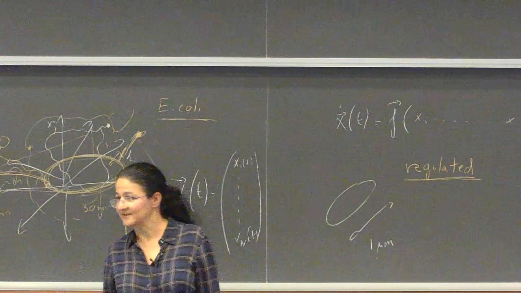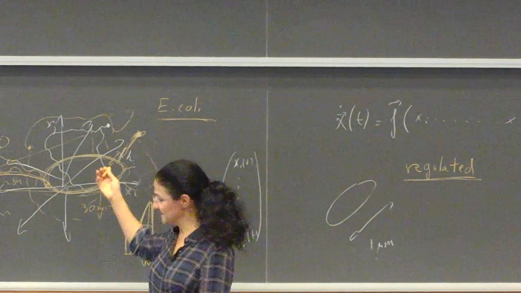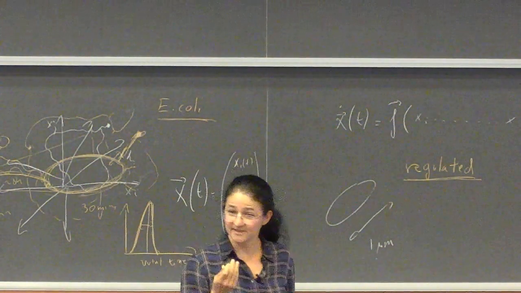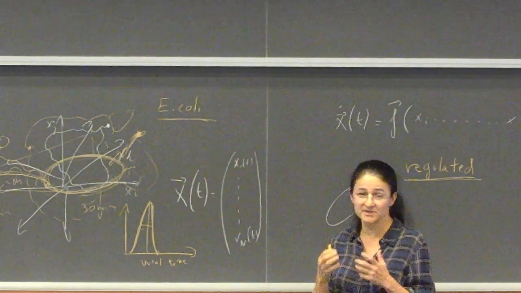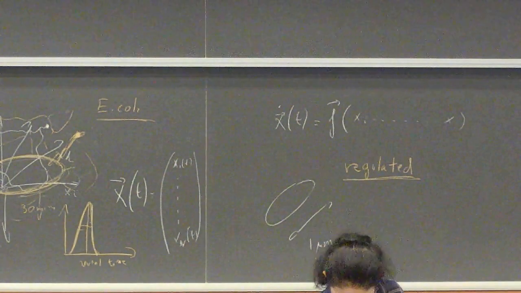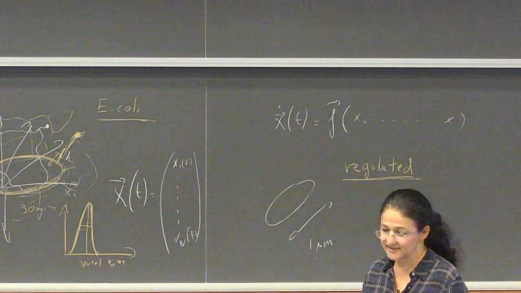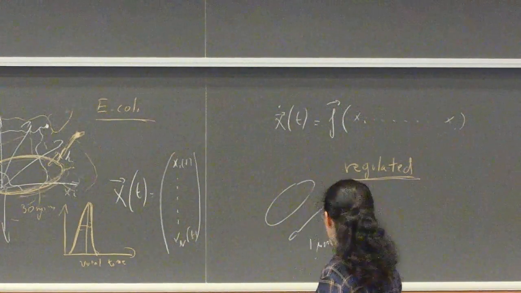What can we say then? Can we ignore all the details of the dynamics, the precise parameters of this differential equation, and say something more meaningful? This was a question.